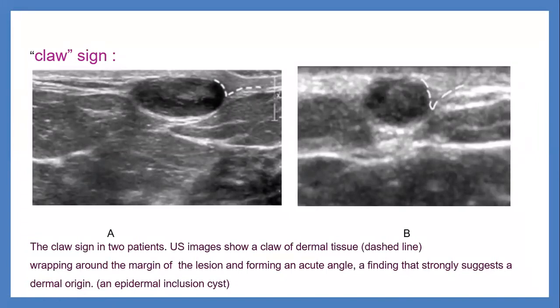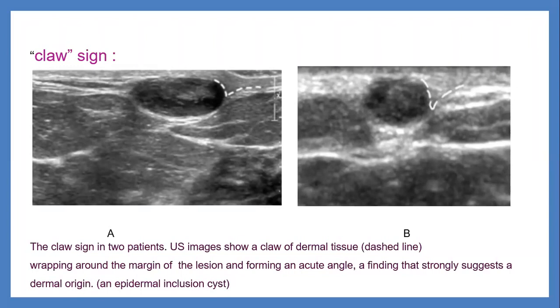This occurs in many structures, in many organs, like an ovarian cyst. When you see the claw sign, that means the cyst is intra-ovarian, not para-ovarian. And so forth. You can see it in the spleen.